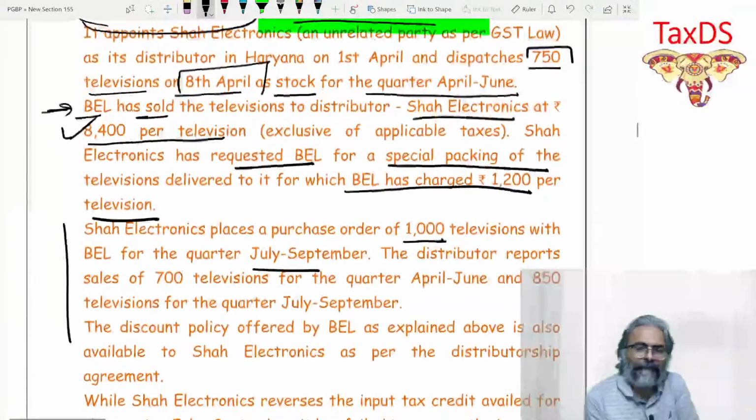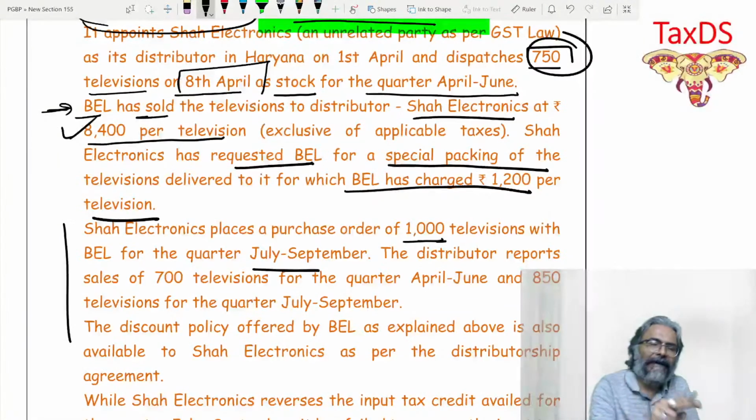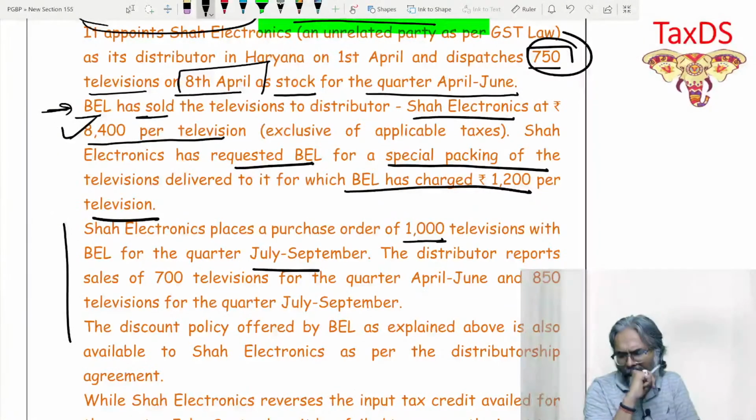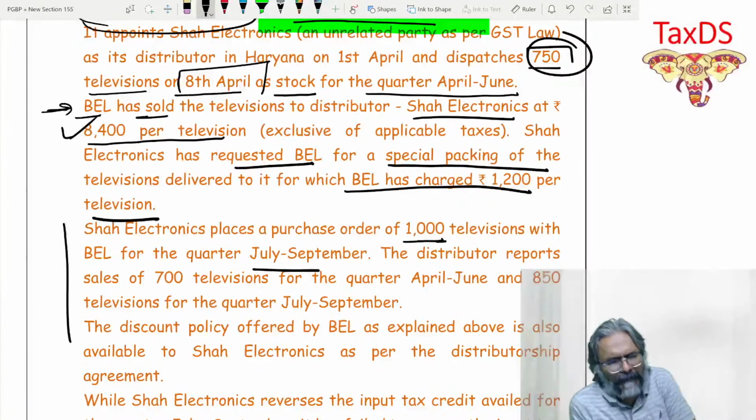We know 750 is the sale from April to July. For the first quarter, the manufacturer has given the distributor 750. For the second quarter, July to September, how much has the manufacturer given? 1,000 televisions.